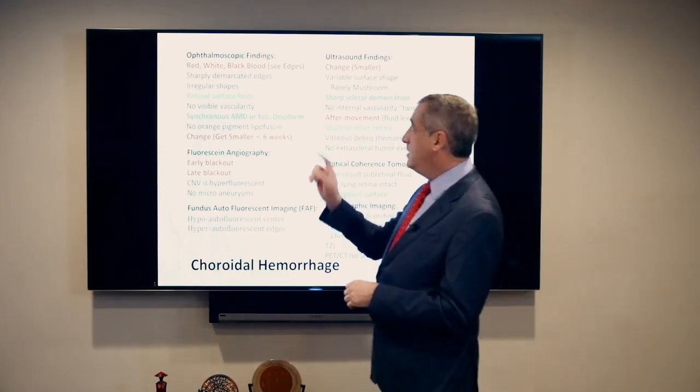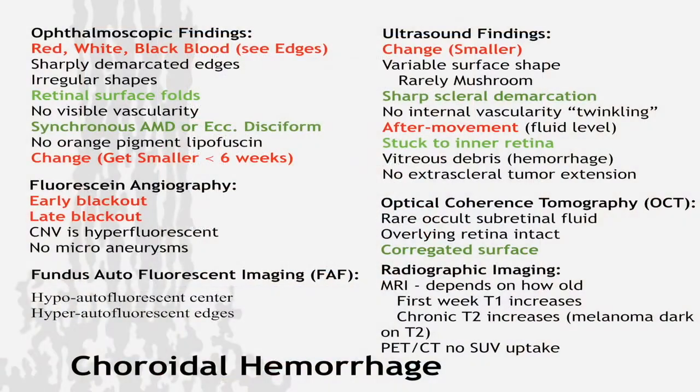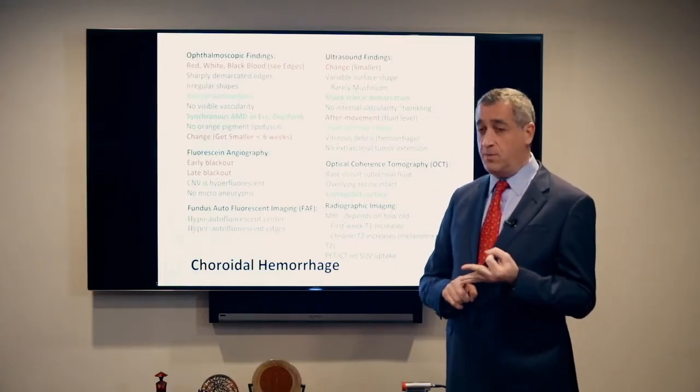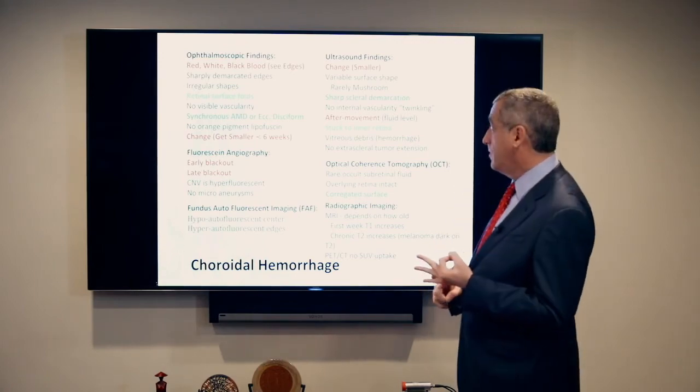When you look in, the hemorrhage tends to be more black or white or even red. Red like blood, white like dehemoglobinized blood, and black like old blood. These can be seen with a melanoma, but they're very unlikely, and you almost never see them with a metastasis.